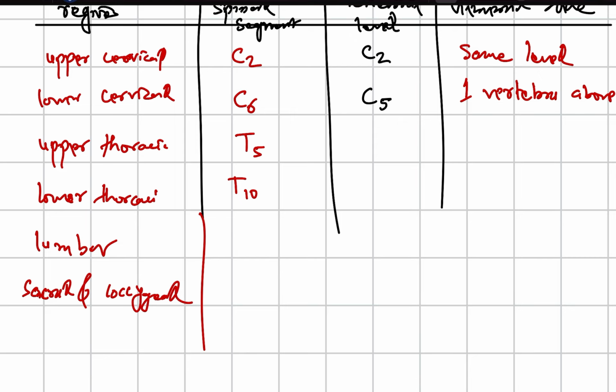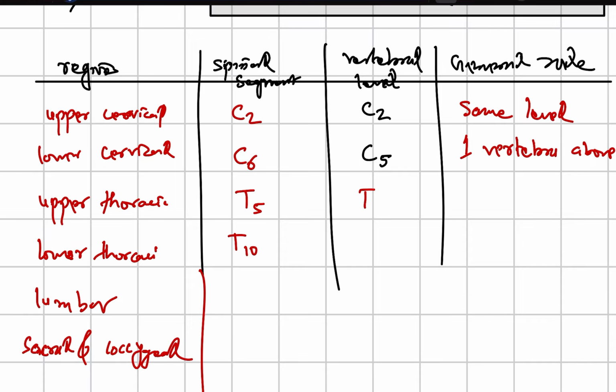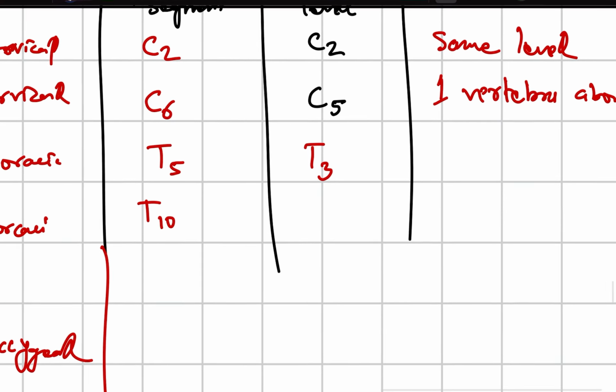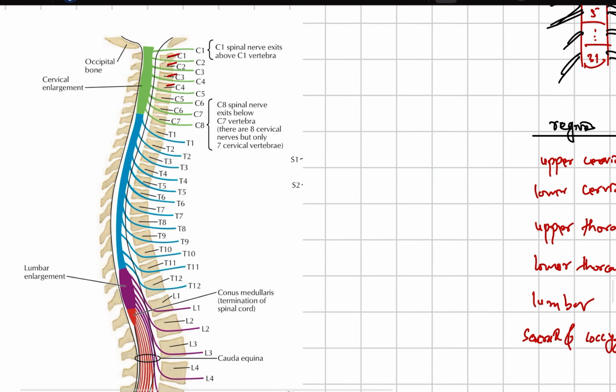For the upper thoracic, at the vertebral level, segment T5 comes from the level of the T3 vertebra. And the T10 segment comes from T7.